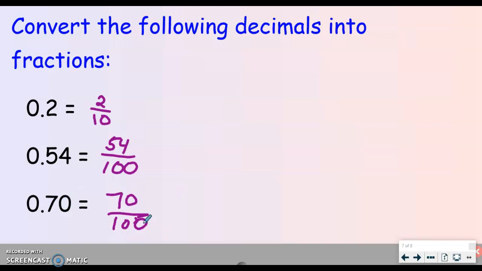This is what they would be looking for because this is 70 hundredths. However, you probably recognize that you can reduce this, and it is equivalent to 7 tenths. It's just that the way it's written here as a decimal, it is 70 hundredths. And if it didn't have that 0 there, then you could write it as 7 tenths.